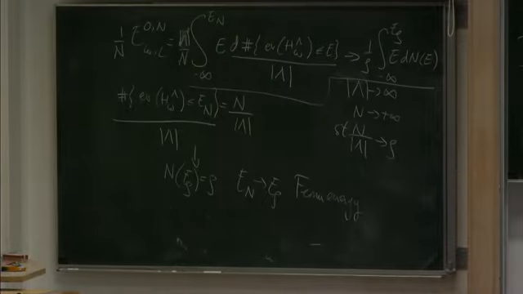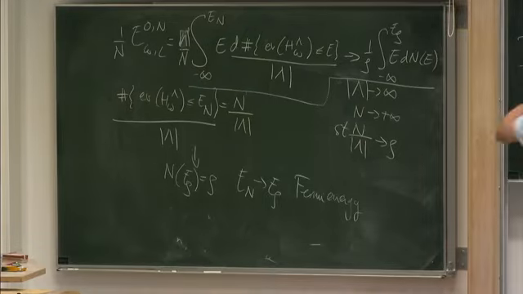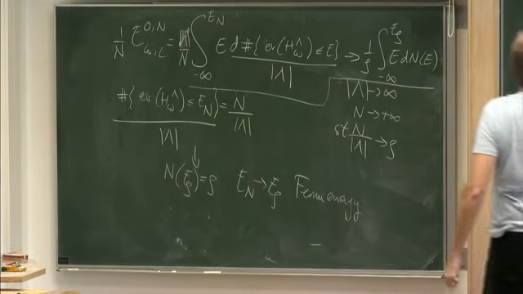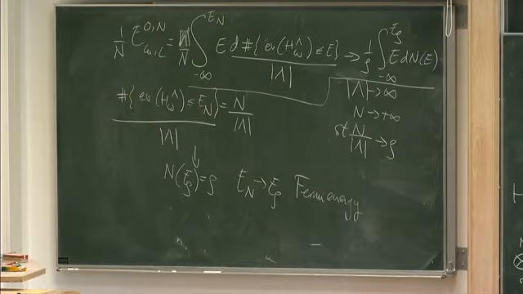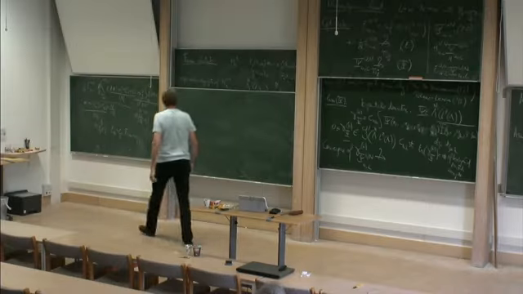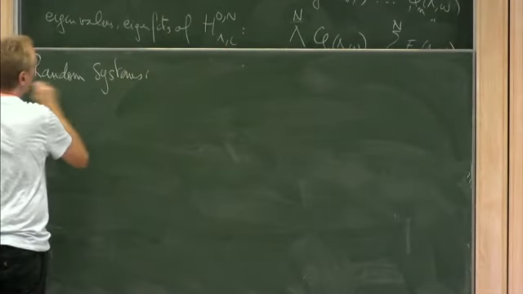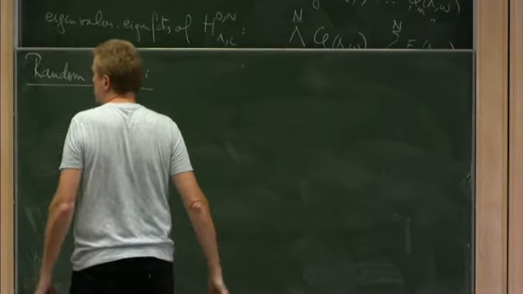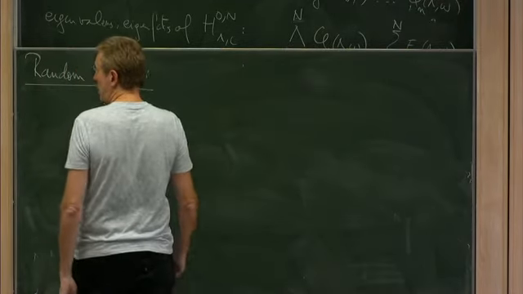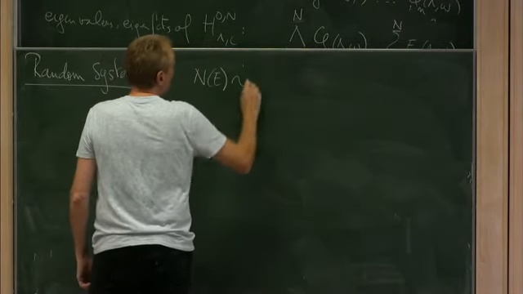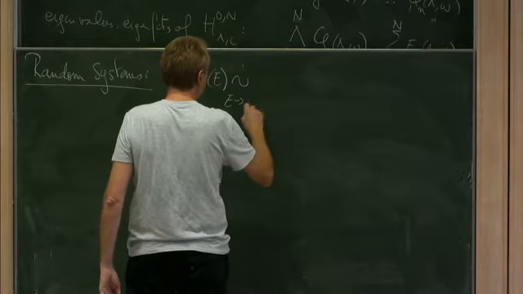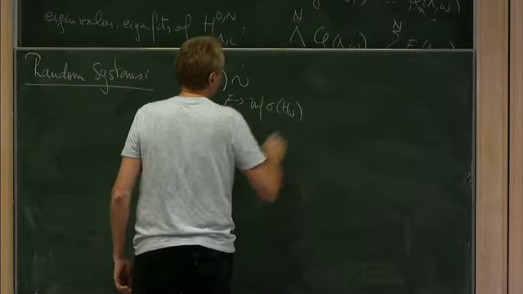Let me now say something. There's a typical property of random systems, which is that n of E behaves, when E goes to, let's say, assume that this is the infimum of the almost sure spectrum of h omega.